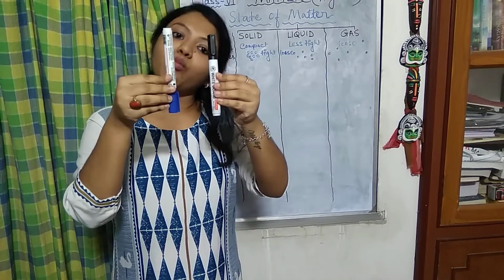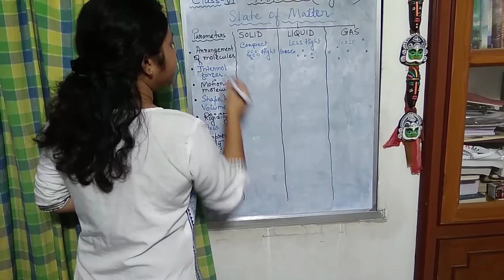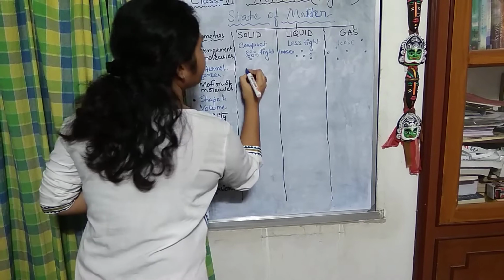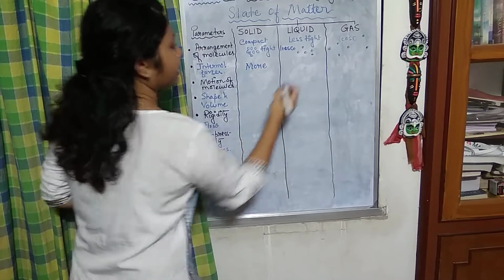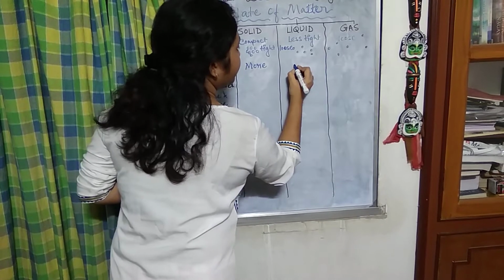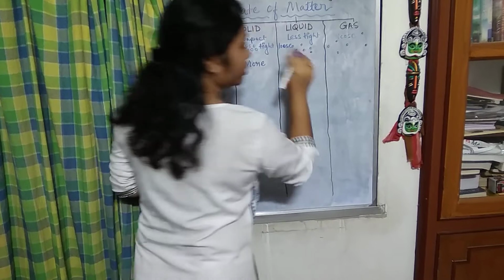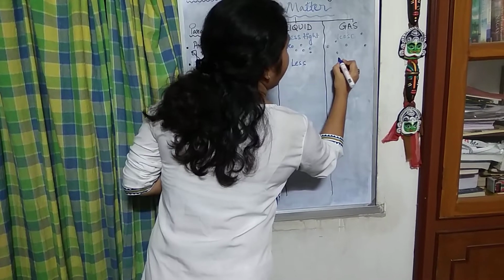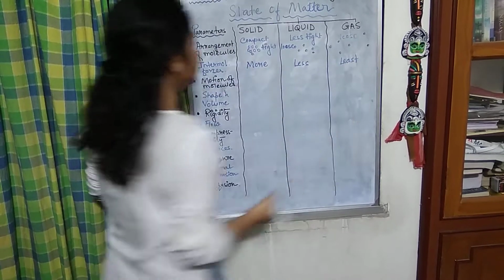Similarly, the less the space, the more the attraction. So in the case of a solid, the intermolecular attraction will be more. In the case of a liquid, it's less than a solid but more than a gas. And in the case of a gas, it is the least.